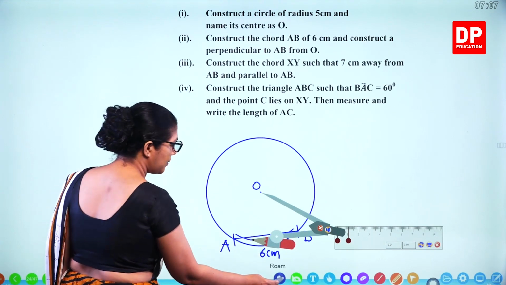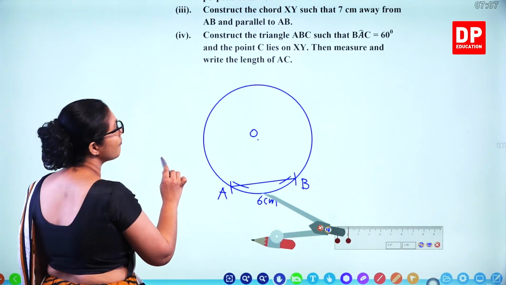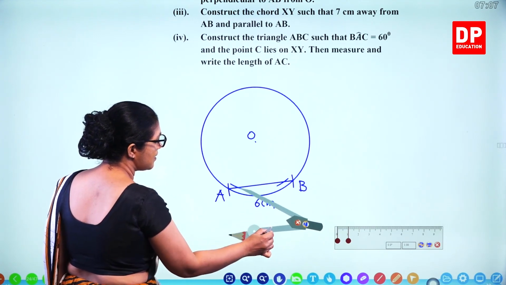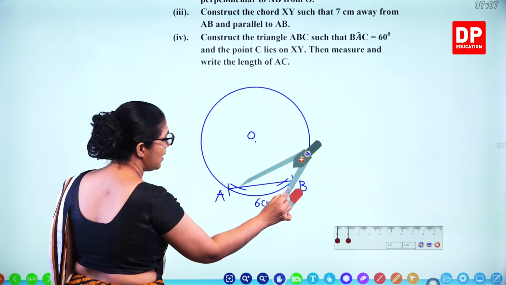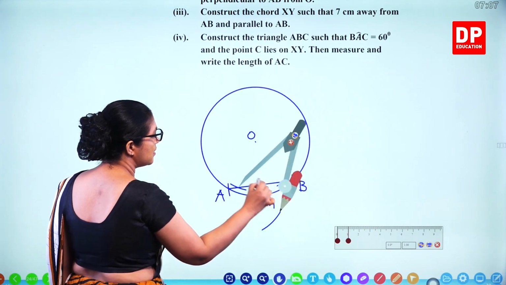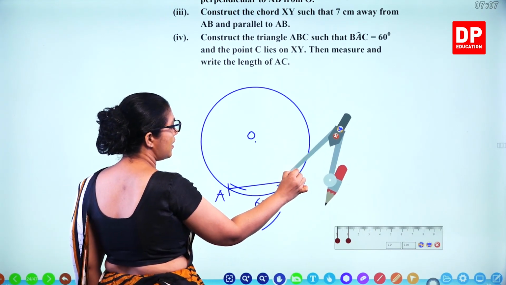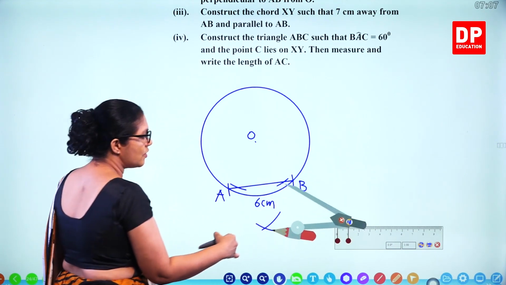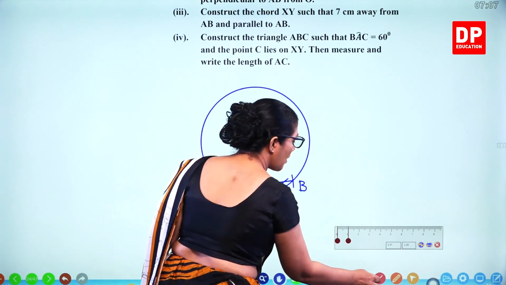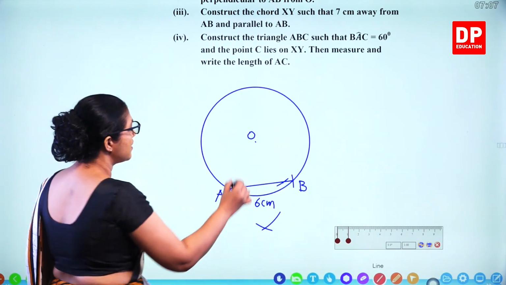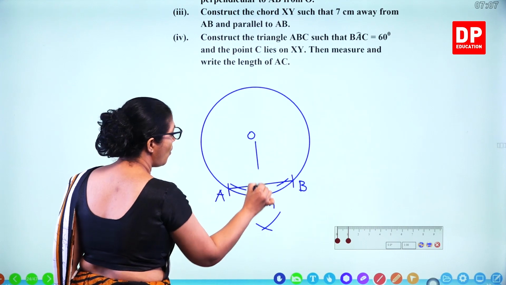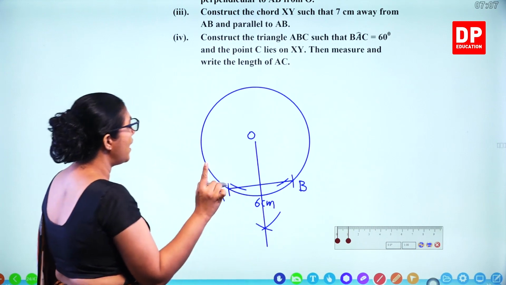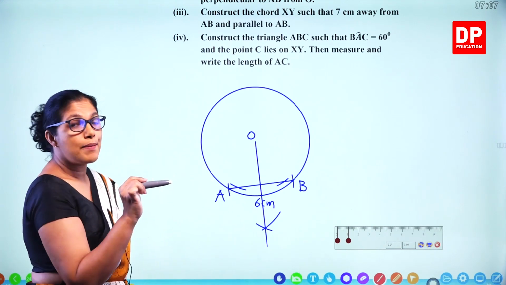Then you take those 2 intersecting points and draw the other arc. Keep it here and draw the other arc. Now you can connect the point O with this one. That's the perpendicular from O to the AB chord.